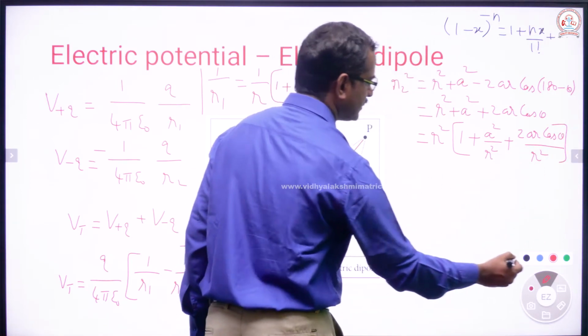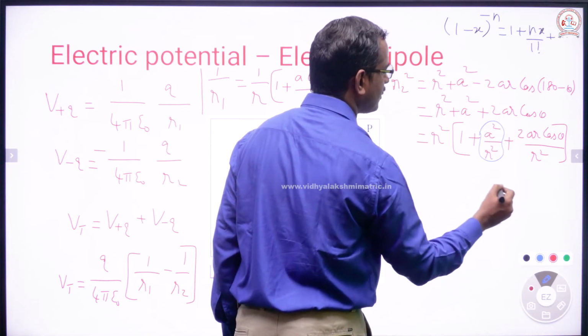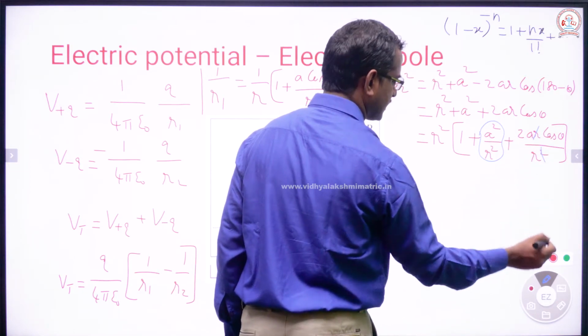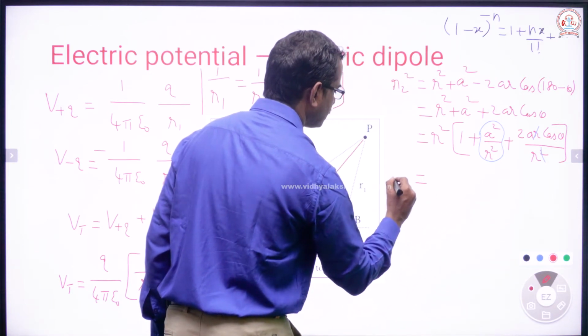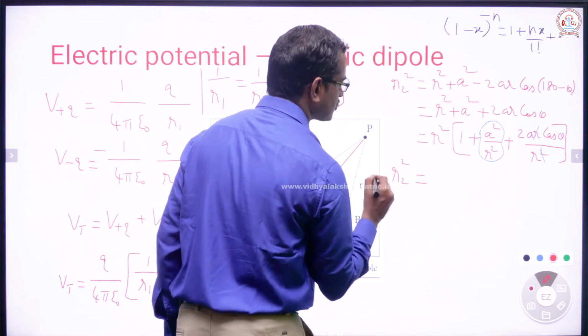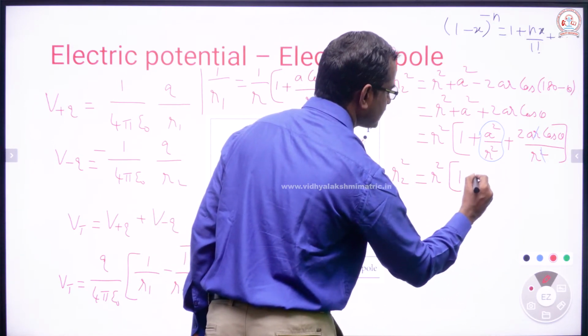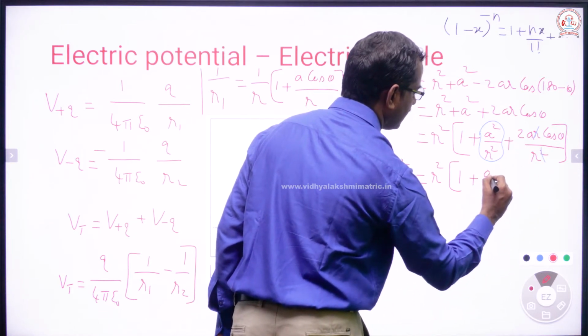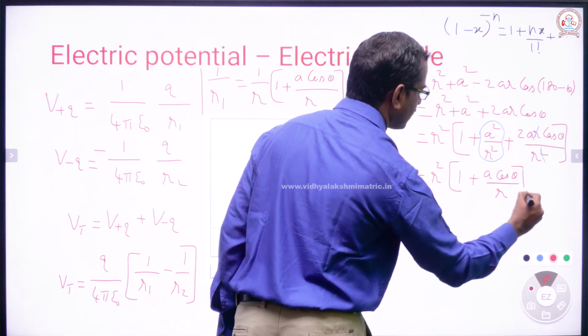We neglect the a square by r square term as its value is very small. Then we get r2 square is equal to r square into 1 plus 2a cos theta divided by r.